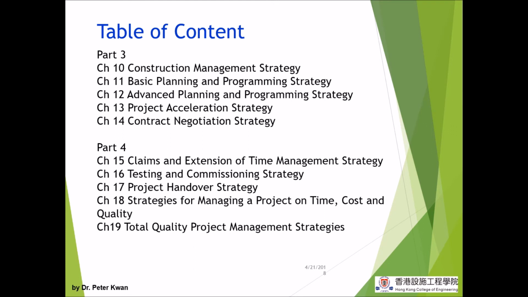Part 3 consists of, again, 5 chapters. Chapter 10 is construction management strategy, which is about managing the site construction with strategy. In chapter 11, we have some basic planning and programming strategy here. Planning and programming is important for project management, and that's why in chapter 12, we add more on advanced planning and programming strategy.